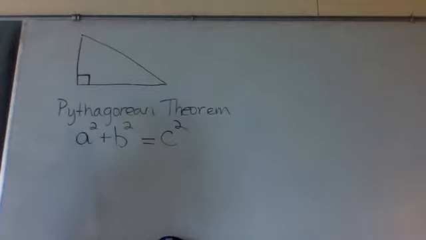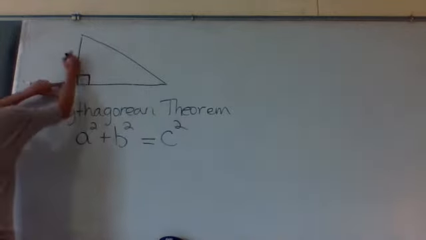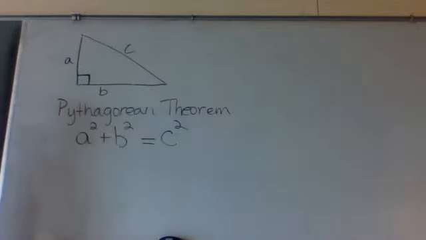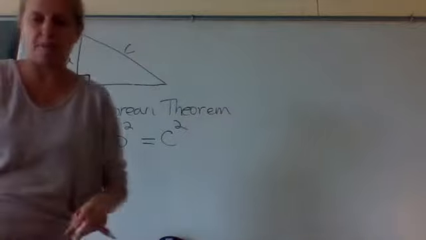So a squared plus b squared is equal to c squared, with these two sides being a and b, and then the long side being c. So it's just going to assume that you know that or you remember that, so I'm just refreshing that memory.